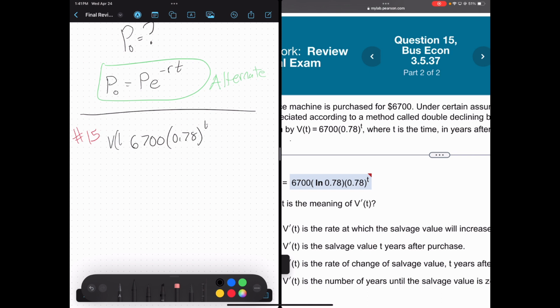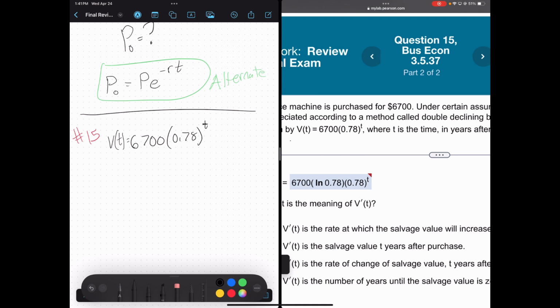This is an exponential function. Why is it exponential? Because your variable is in the exponent. Please don't use your power rule formula for this. It will not work.